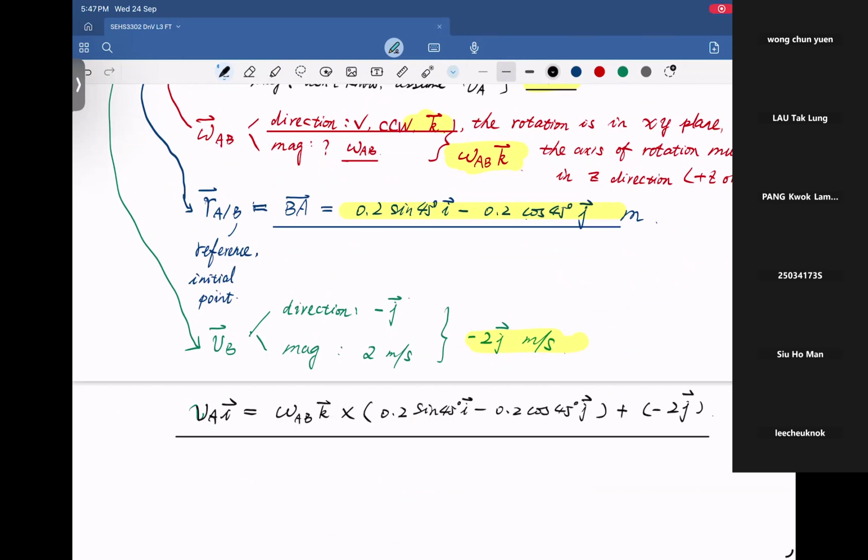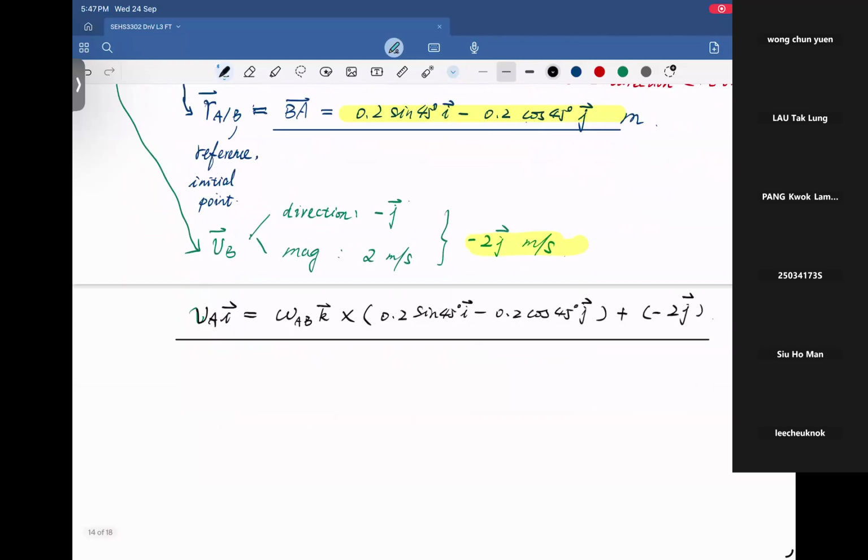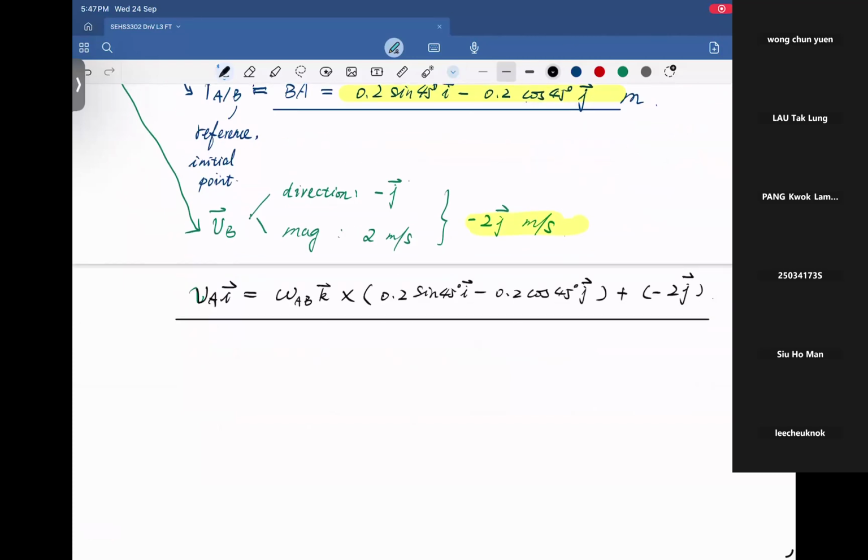Actually, we can expand it first. Left-hand side, we have VA I. Right-hand side, we do the cross product.